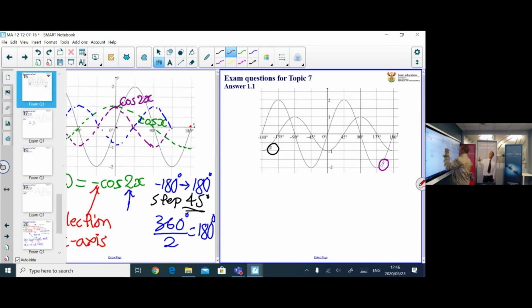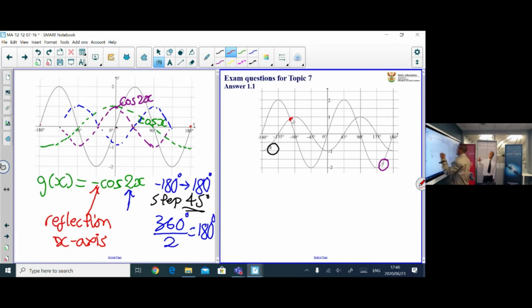So you need to know this point and this point. Why these 2 points? You want a situation where your graph of f of x is less than the graph of g, from 0 to minus 180. So it's only happening in this part. Take note that we are dealing with only from 0 to minus 180.